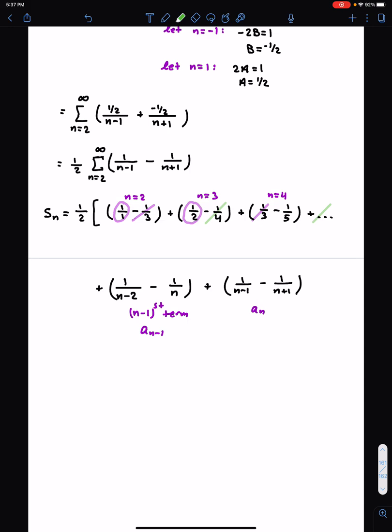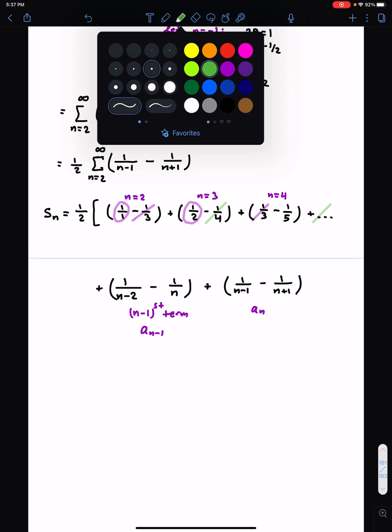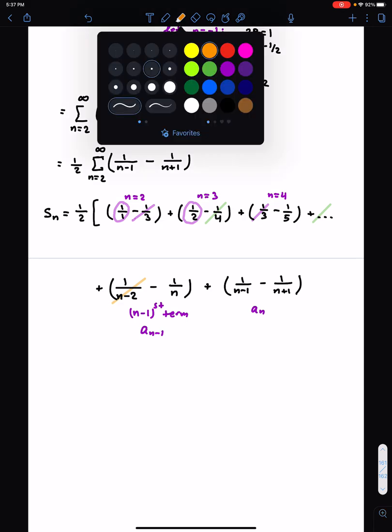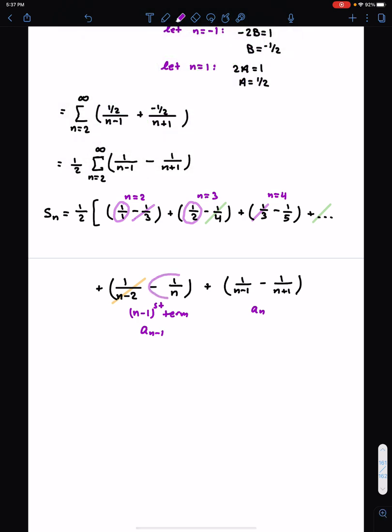The negative 1/6 will cancel with the positive 1/6. This 1 over n minus 2 will cancel with the term two before it. And then I'm also left with a negative 1 over n and a negative 1 over n plus 1. This 1 over n minus 1 will cancel with the one two before this one.